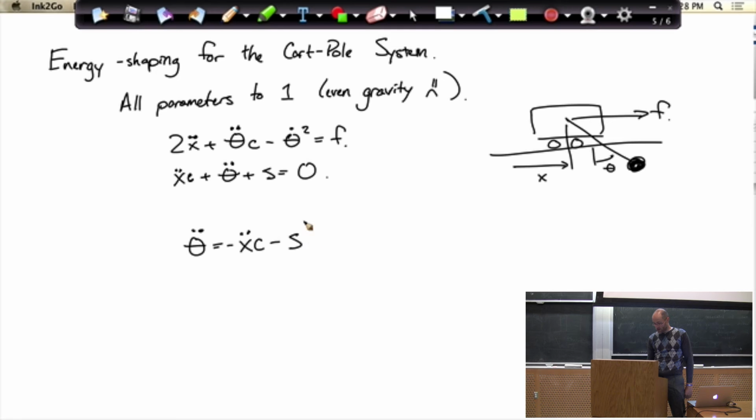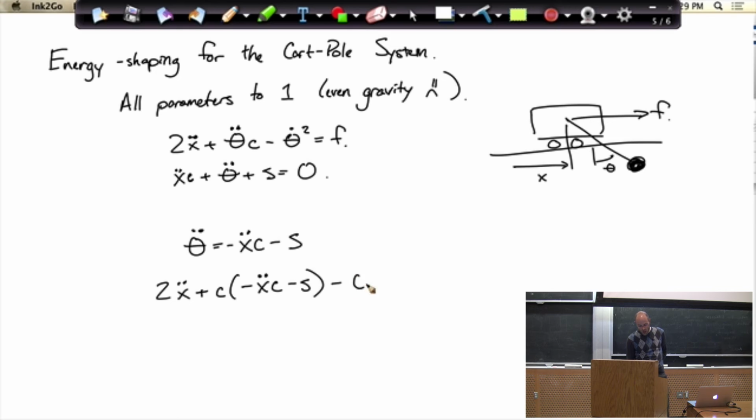Okay, so if I write this second constraint like this, you can think of it as a relationship between x double dot and theta double dot. If I insert that relationship back in that first equation, then what I end up with is 2x double dot plus, with this thing inserted, cosine... is I can predict what the motion of the cart is going to be.